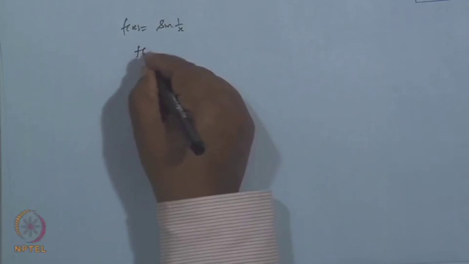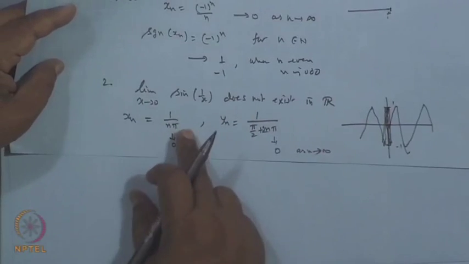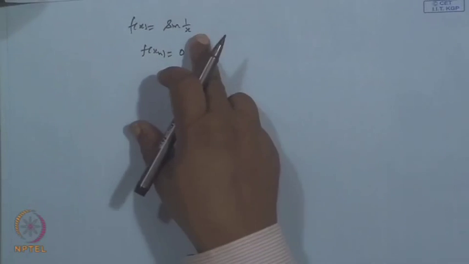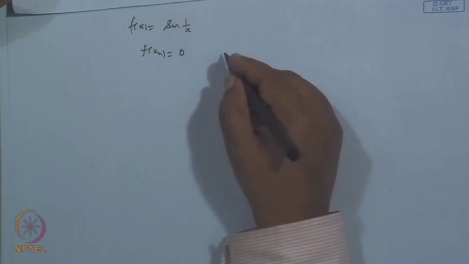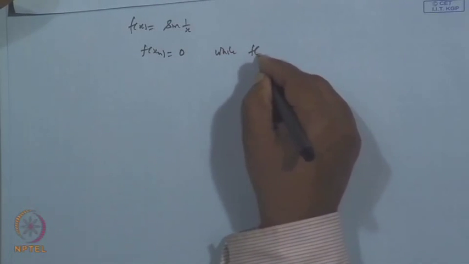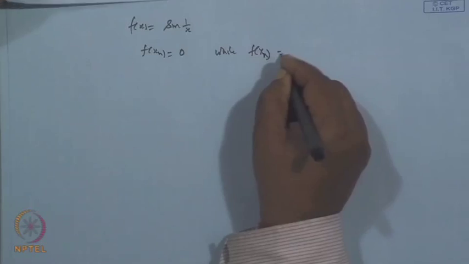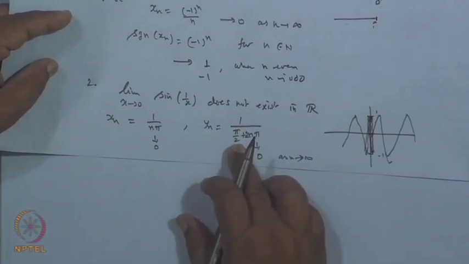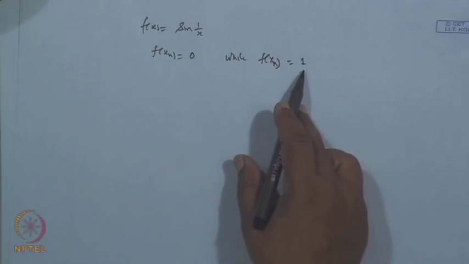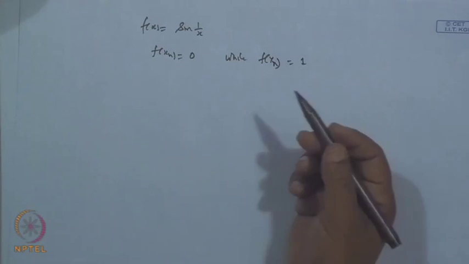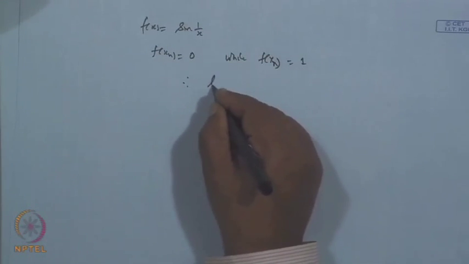So f of x_n is 0, because when x_n is 1 upon n pi, the corresponding sine of n pi, sine of an integral multiple of pi, is 0, while f of y_n is sine of 2 n pi plus pi by 2, that is always sine pi by 2. So this will be 1. It means along one sequence the limit is 0, and along another sequence the limit is 1. So it does not exist, therefore the limit of this does not exist.